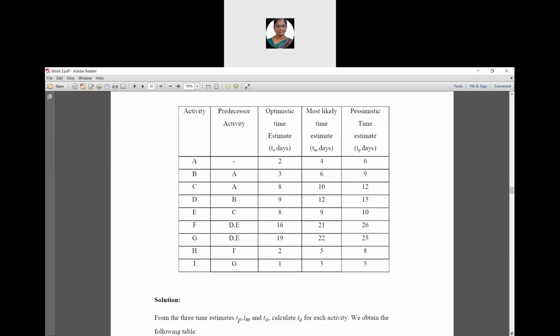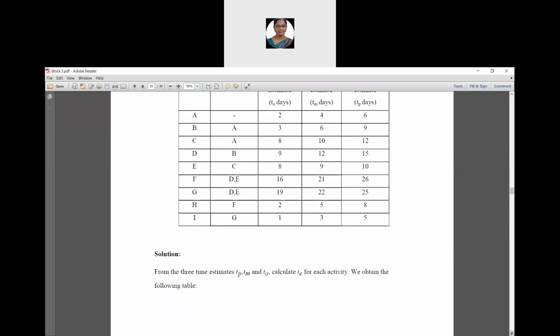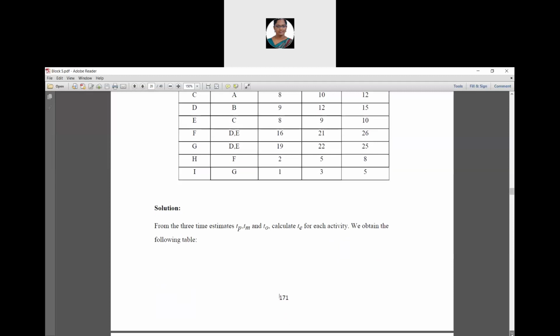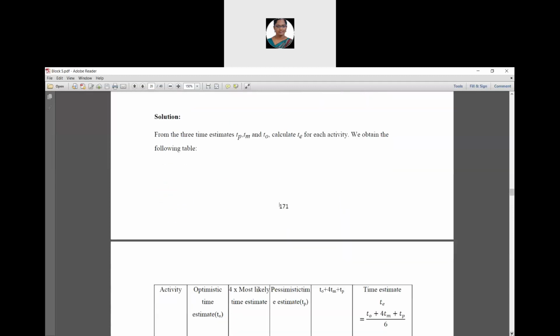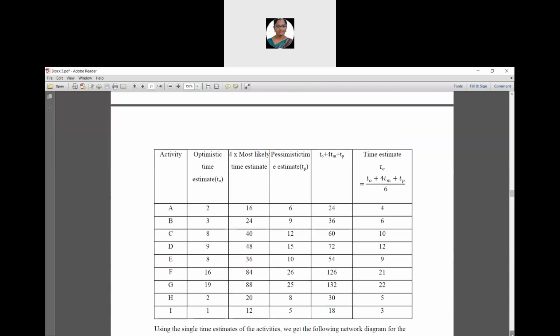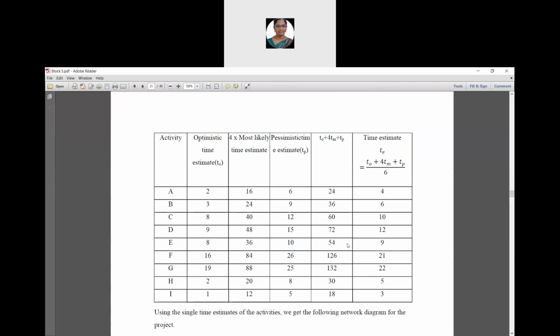So using this, we are going to obtain the table. In the new table, the first column denotes the activity and the second column denotes optimistic time estimate values. These 2 columns are there, and the third column denotes most likely estimate values multiplied by 4.